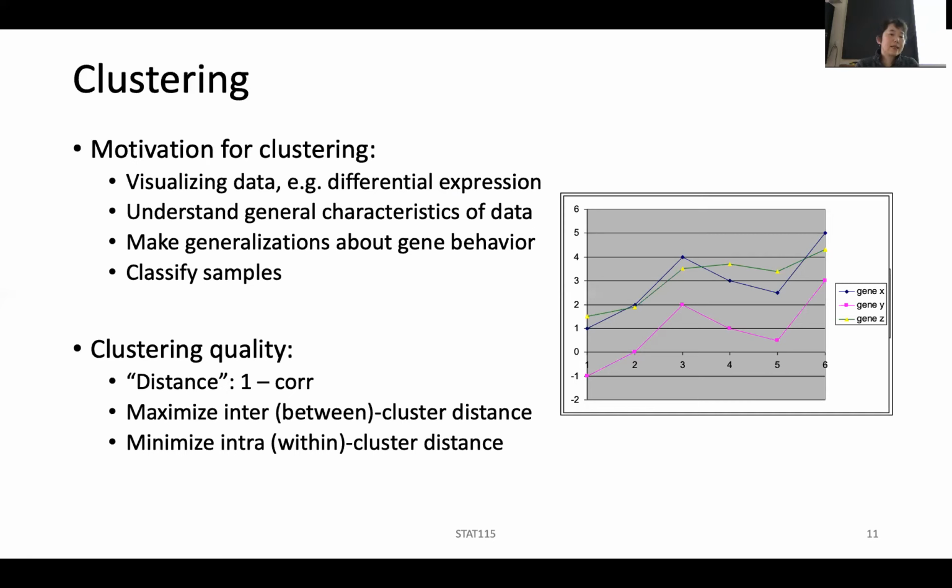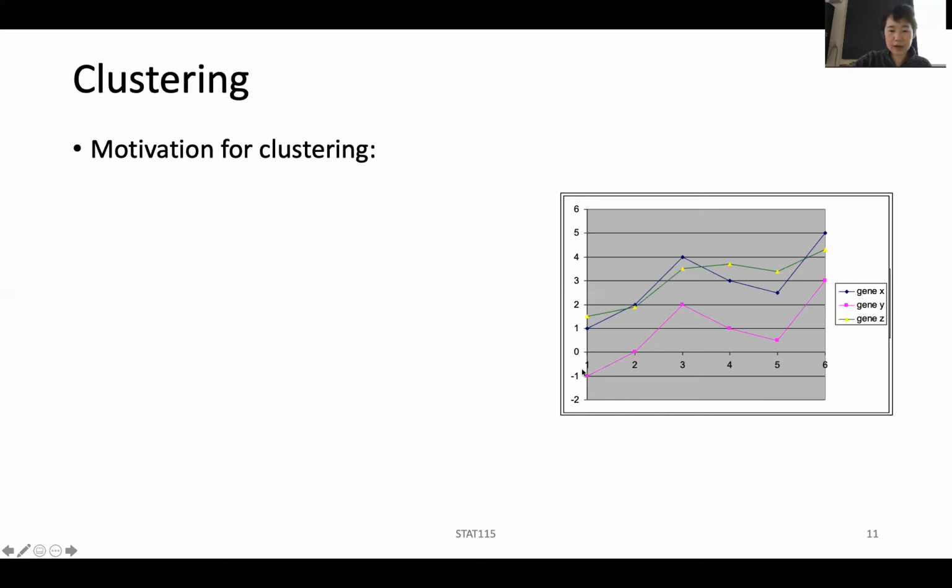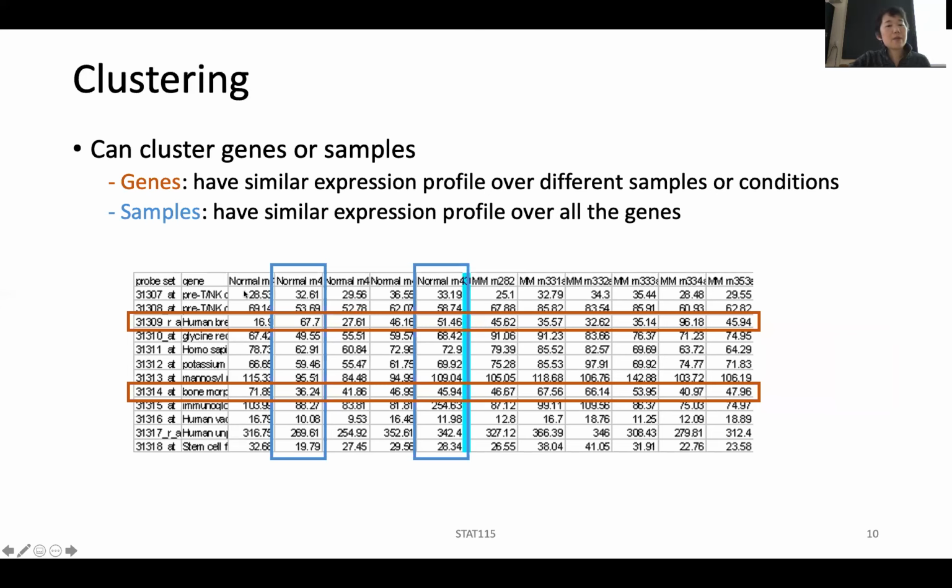In order to decide whether our clustering is done well, we first have to decide how to calculate the distance between samples. Let's look at this situation again. Supposedly we have an RNA-seq experiment. Each row is a gene, each column is a sample.